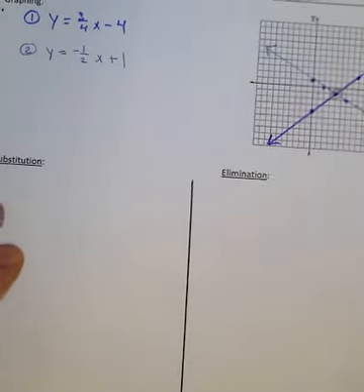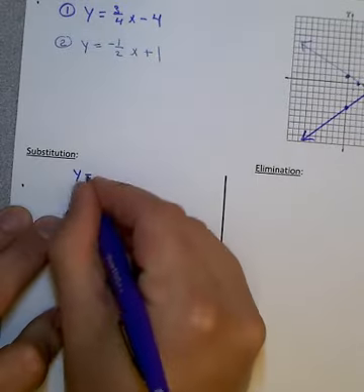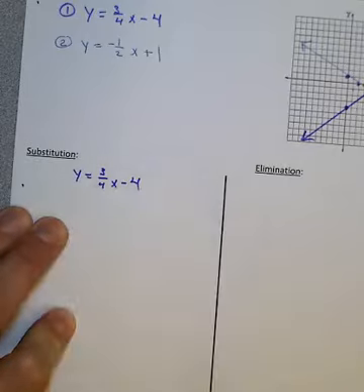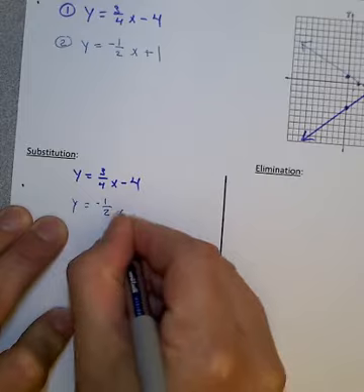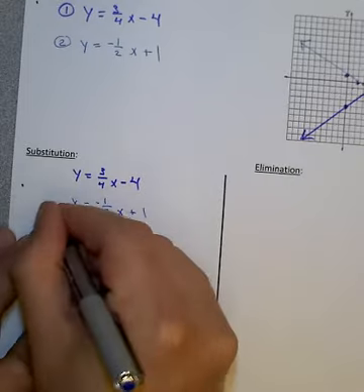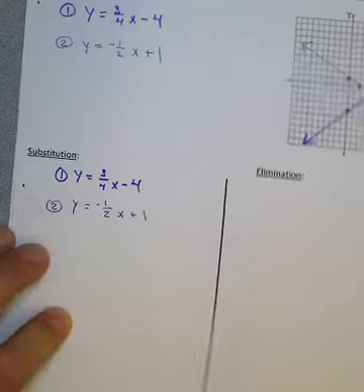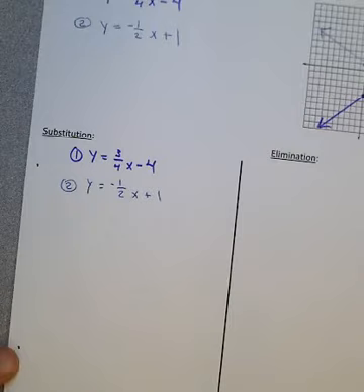Method number 2, substitution. y equals 3/4 x minus 4. And equation 2, y equals negative 1/2 x plus 1. There's equation 2. There's equation 1. With substitution, what we want to do is get one variable by itself in one of the equations.